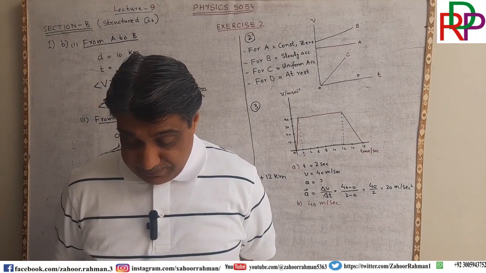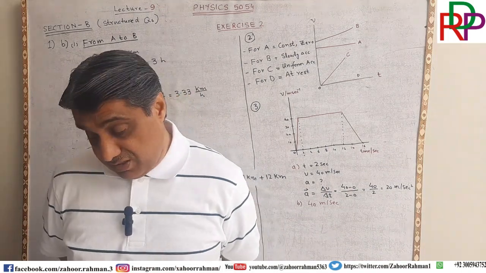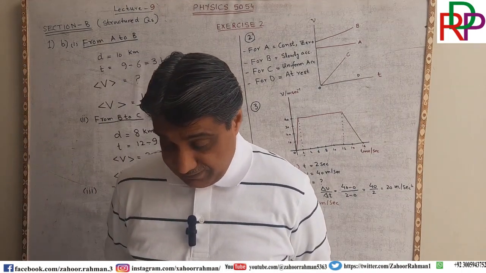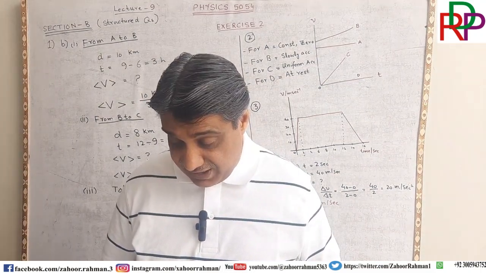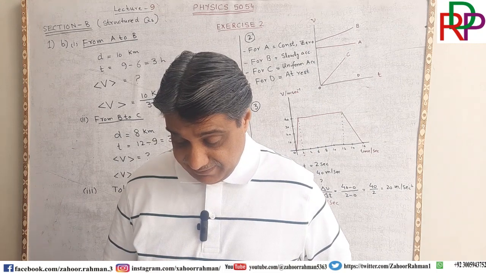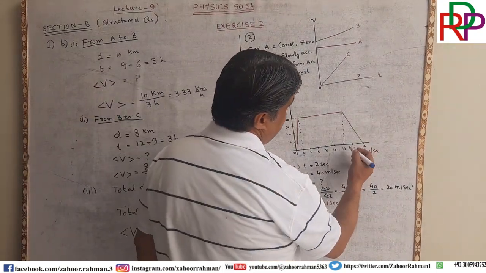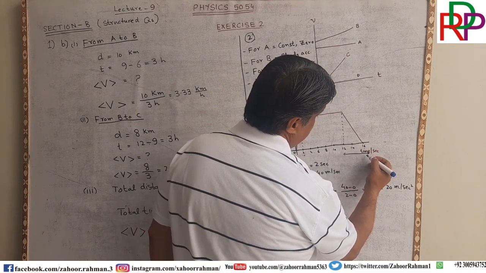Okay, the C part is saying the time during which the train is retarding. So you can see that the train is retarding from 12 to 16.